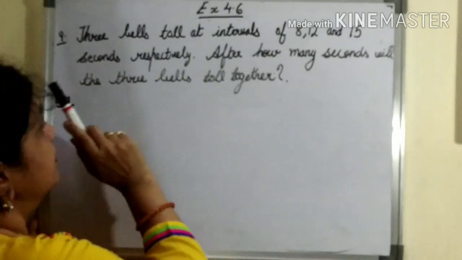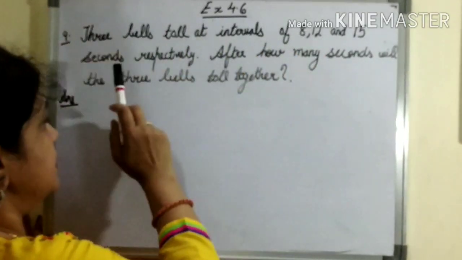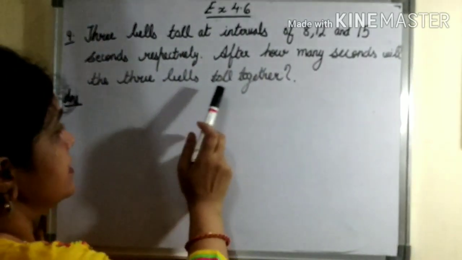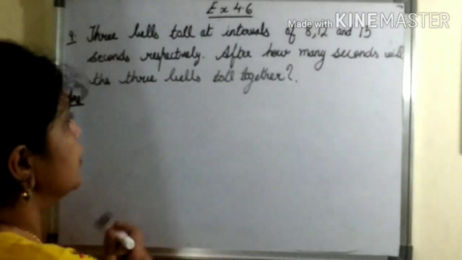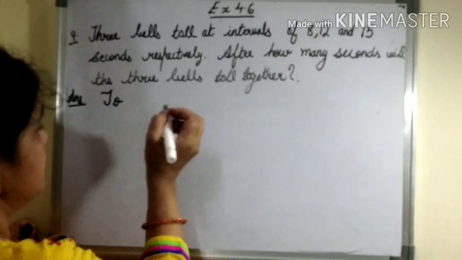Now the next question. 3 bells toll at intervals of 8, 12 and 15 seconds respectively. After how many seconds will the 3 bells toll together? Okay. So what we have to find is after how much time the 3 bells will toll together.